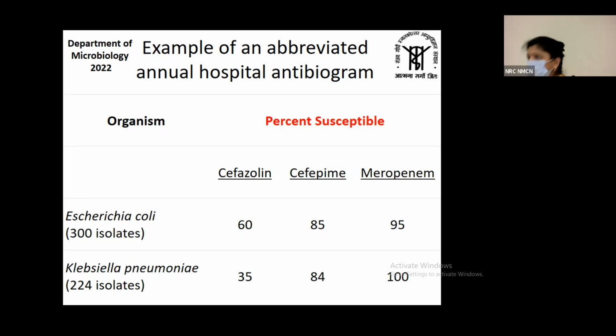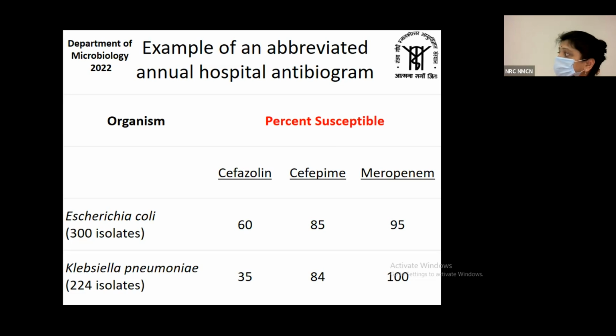The most common mistake which is usually made is that because percent is not written over here, we think that it is 60 out of the total number of isolates, or probably 60% of the isolates are resistant. No. If you are looking at a hospital antibiogram, please remember that it is always the percentage susceptible. It is never percent resistant. This is the denominator.